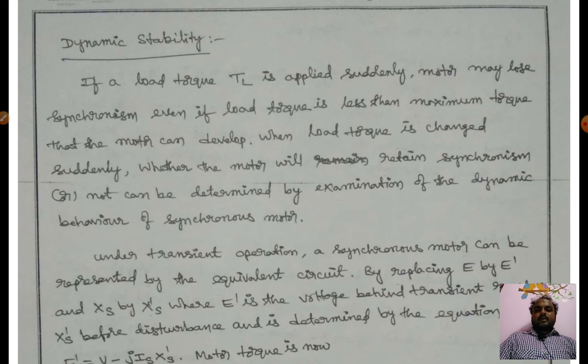If a load torque TL is applied suddenly, the motor may lose synchronism even if the load torque is less than the maximum torque that the motor can develop. When the load torque is changed suddenly, whether the motor will retain synchronism or not can be determined by examining the dynamic behavior of the motor.